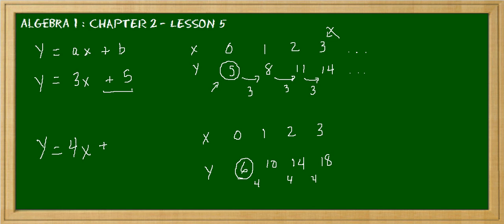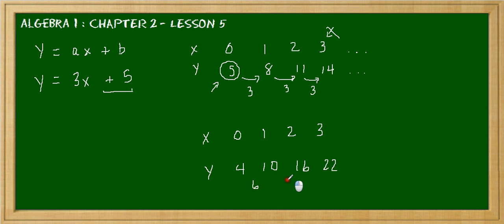Okay, let's do our last one. And our last one gives us 4, 10, 16, and again, once you go from 4 to 10, you've already seen the basis where we're getting the information. You would have already probably thought of the equation, but we have 4, 10, 16, and 22, and the difference here is 6, 6, and 6.